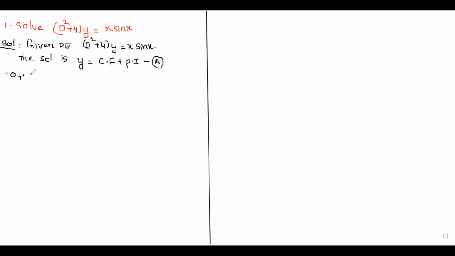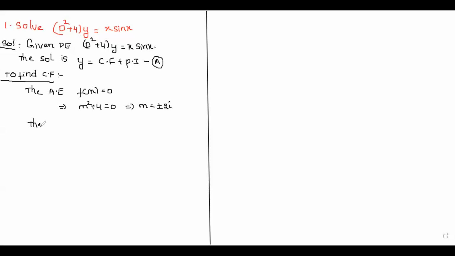To find the complementary function, the auxiliary equation is f of m is equal to 0, which implies m square plus 4 is equal to 0, implies m is equal to plus or minus 2i.